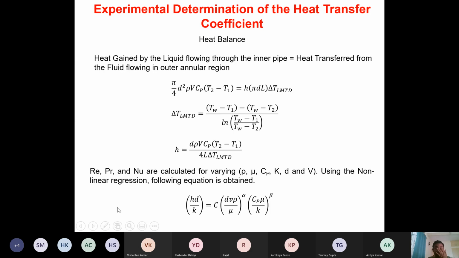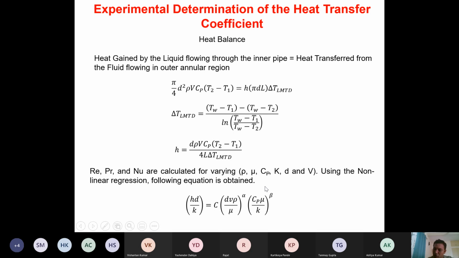Based on this we can now develop the empirical correlations in the form of this, isn't it? Because for a pipe flow in a laminar region, the expression should be in this particular form, where the Nusselt number is related to the Reynolds number and Prandtl number. Again, this form is not fixed, but the Nusselt number should be related to the Reynolds number and Prandtl number, that is fixed.